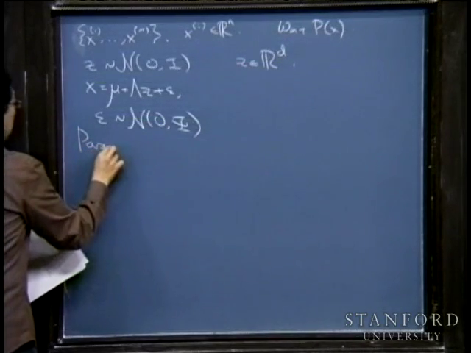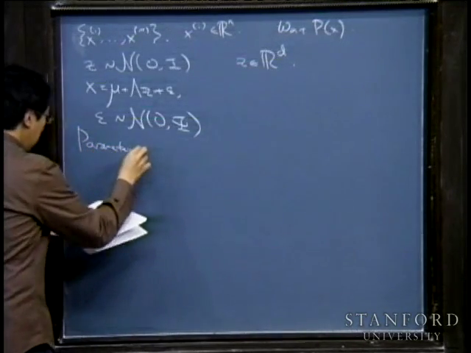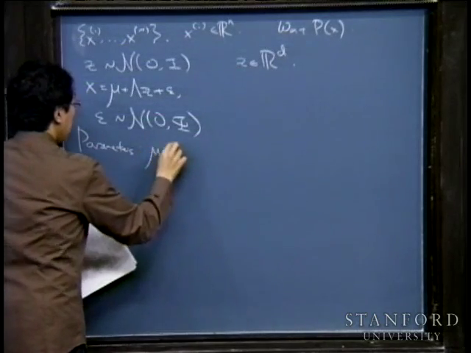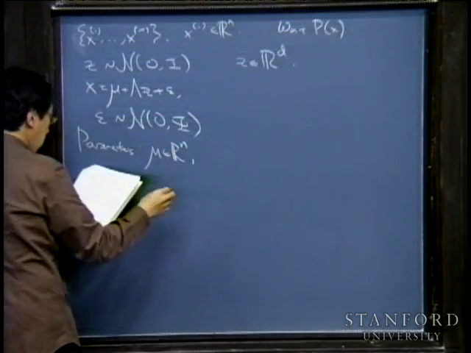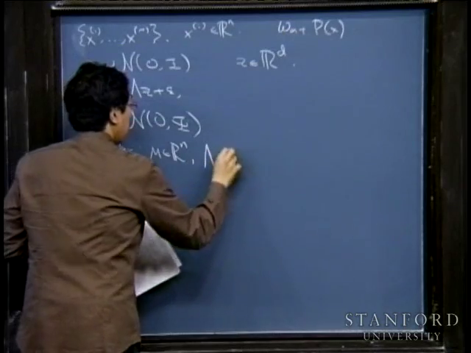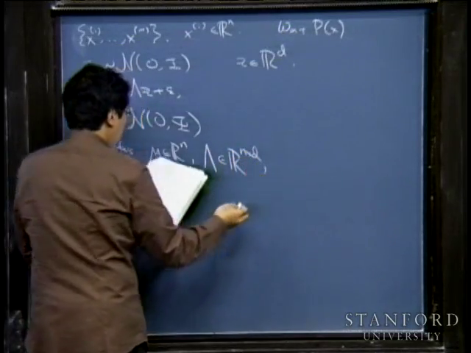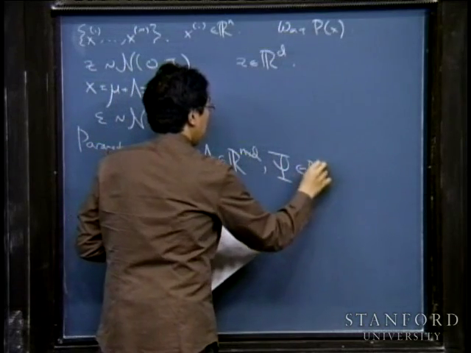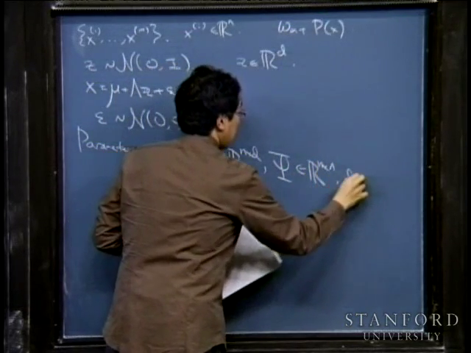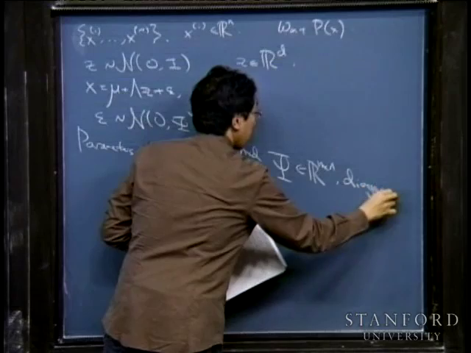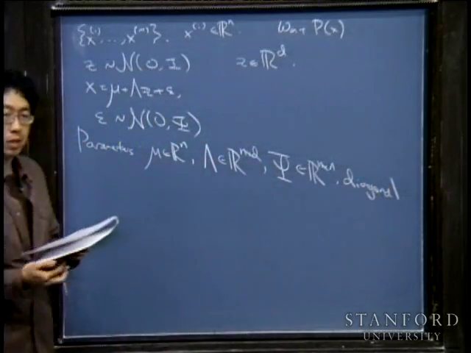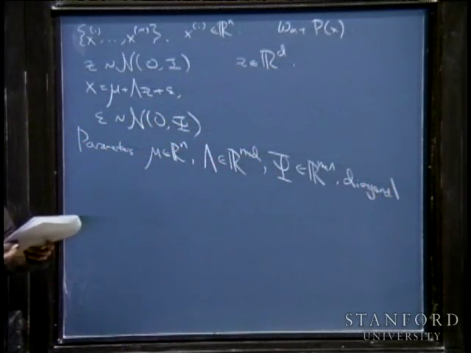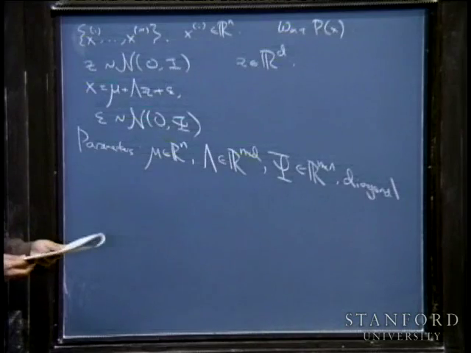So the parameters of this model are mu, which is an n-dimensional vector, lambda, which is an n by d dimensional matrix, and psi, which is n by n and is a diagonal matrix.